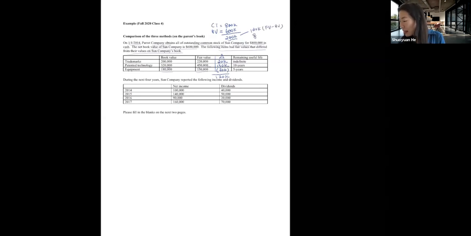And for the other 80,000, so 200,000 minus 120,000, that's 80,000 that we cannot identify. That is called goodwill. And for this 120,000, the amount we can identify, we need to amortize it.